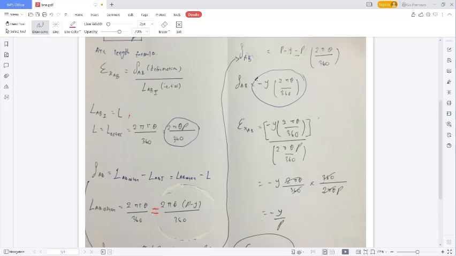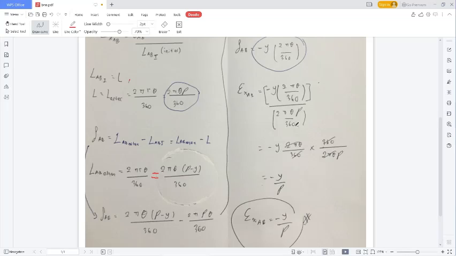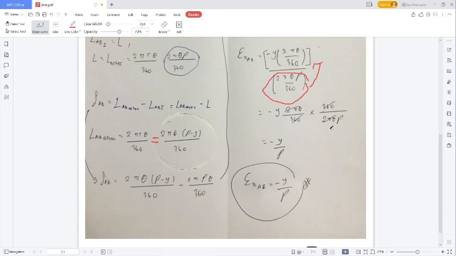So we substitute the deformation and the initial length into the normal strain. We get negative y times 2 pi theta over 360, over 2 pi theta times rho over 360. Bringing this equation upward, we get negative y times 2 pi theta over 360, times 360 over 2 pi theta times rho.